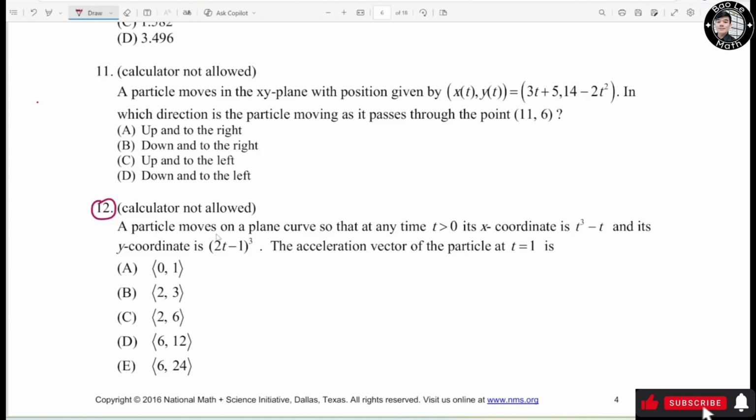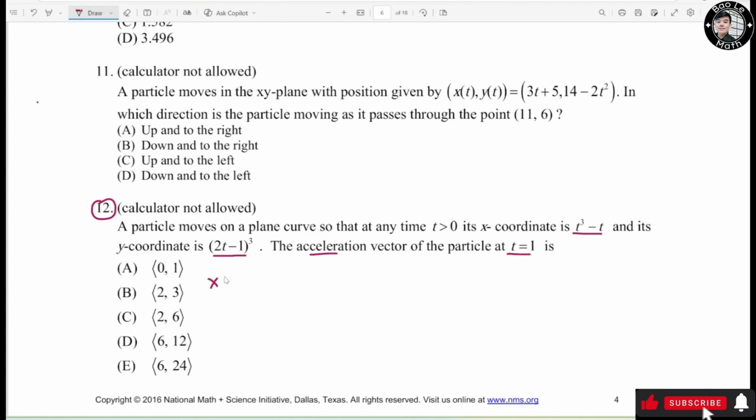A particle moves on a plane curve so that at any time t greater than 0 its s coordinate is t cubed minus t and its y coordinate is 2t minus 1 cubed. The acceleration vector of the particle at t equals 1 is. Alright, so basically we need to find the second derivative of this guy, right?